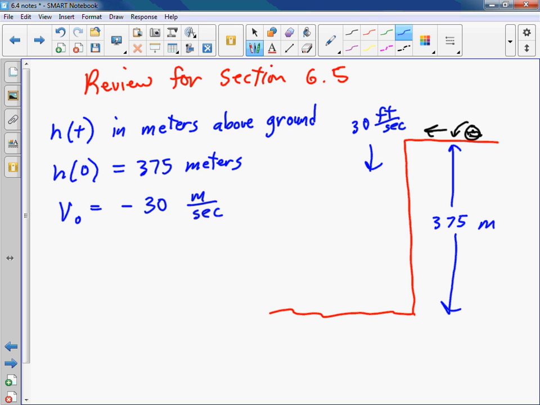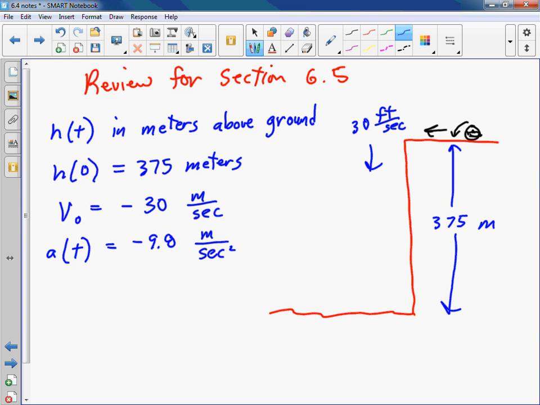And I wanted to start with a v sub 0 of something other than 0, because we've had a lot of those lately. I don't want you to assume that v sub 0 is always 0. Since we're in meters, acceleration with respect to time due to gravity will be negative 9.8 meters per second squared. Okay?